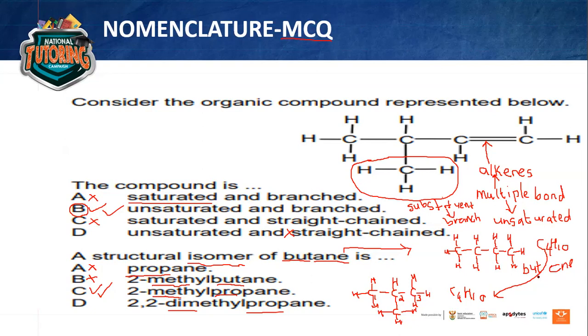So C4H10, they're referring to butane. And also another C4H10, it's this one. 2-methyl propane. So C4H10 comes in 2 forms, my dear learners, in this form and in this form.